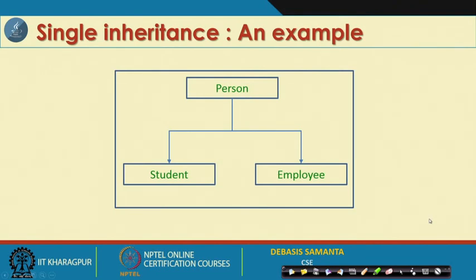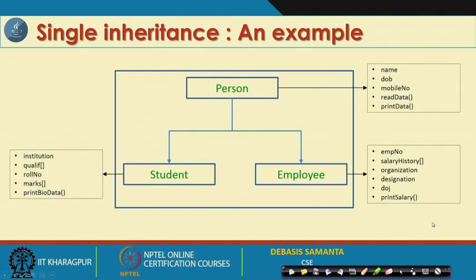Now, let us have a little bit bigger example about inheritance, maybe multiple single inheritance we can say. Here, for example, Person is a general class, and then Student is another subclass which can be derived from Person. Similarly, Employee is also another subclass that can be derived from Person. What is the actual idea about this inheritance? Here Person may have some data as well as methods of its own.